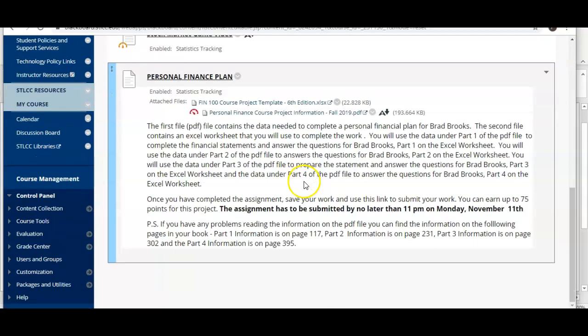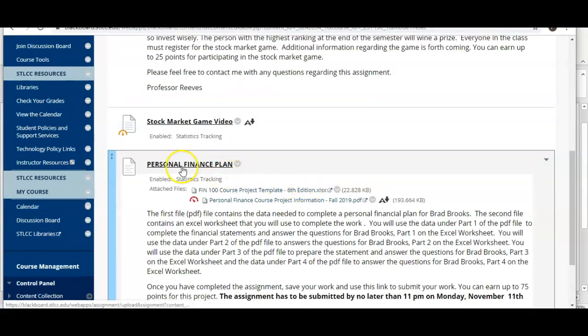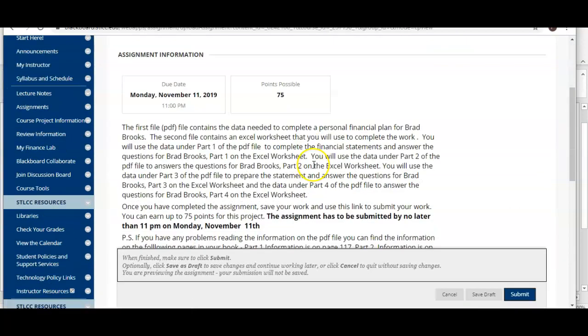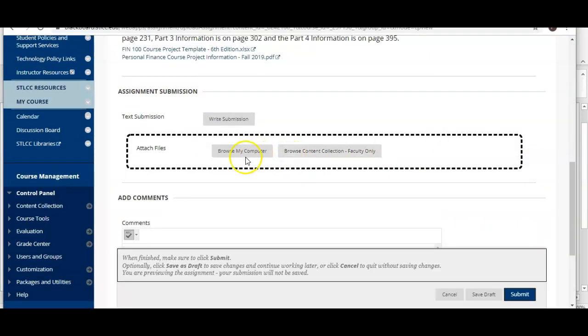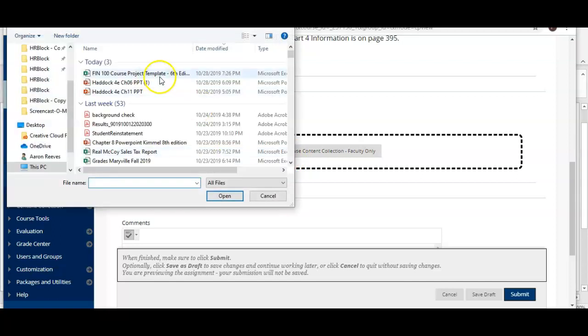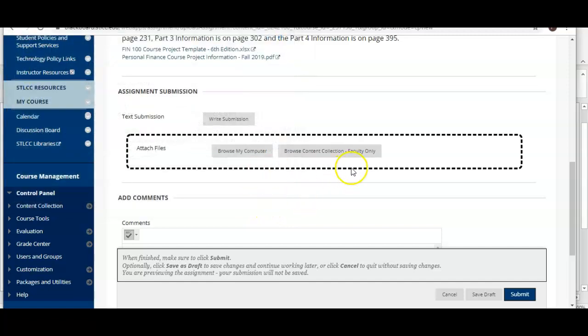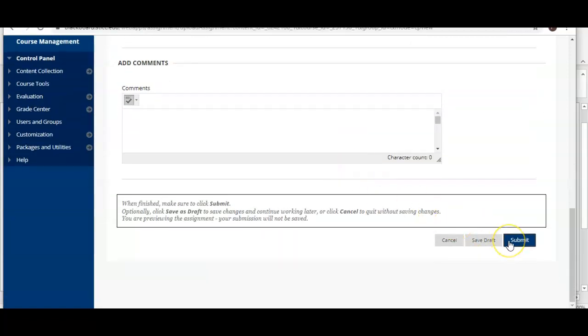Then you'll come back to the Blackboard site, click on the link that says Personal Finance Plan. And once you click on that link, you'll click where it says Browse My Computer. Then you'll find your file, open that file up, then click on the Submit button, and you're done.